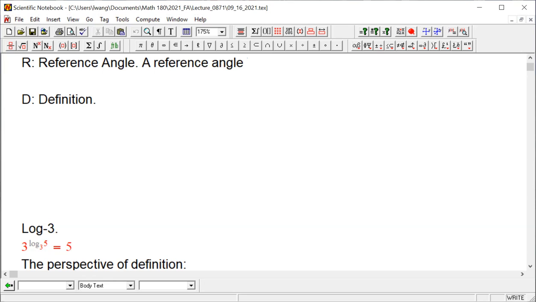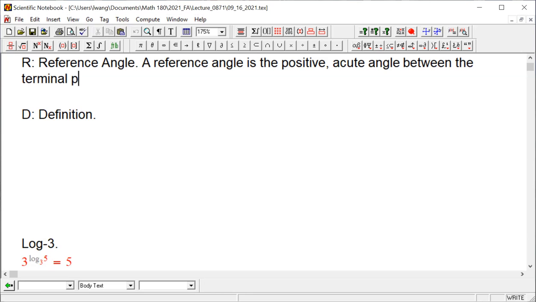A reference angle is always relative to a measured angle. A reference angle is the positive acute angle between the terminal side of an angle and the x-axis.